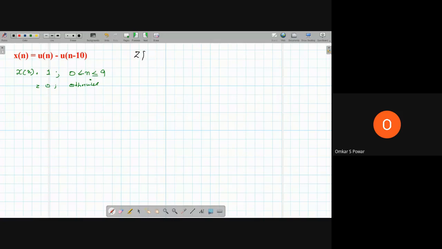So the Z transform of x of n is equal to summation n varies from minus infinity to infinity of x of n z power minus n. Now what is your x of n? x of n is 1 in the range 0 to 9. So it is summation over the range 0 to 9 of z to the power of minus n.